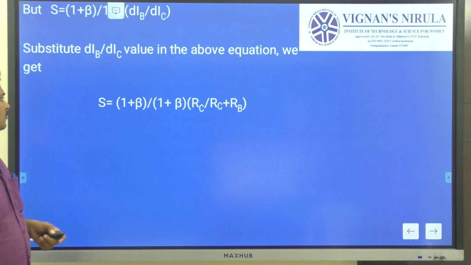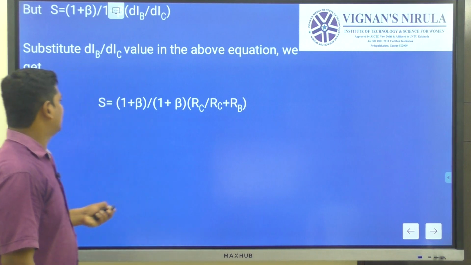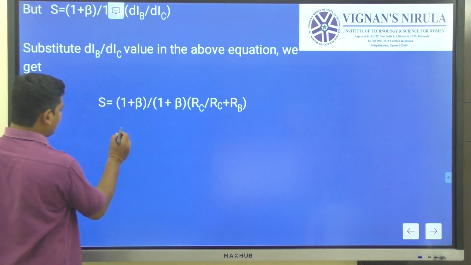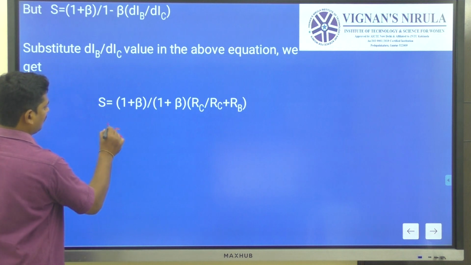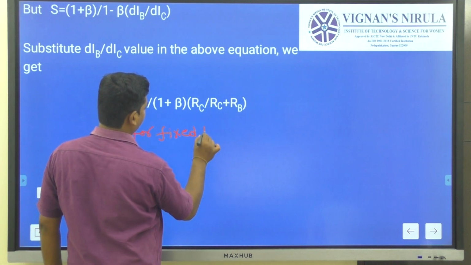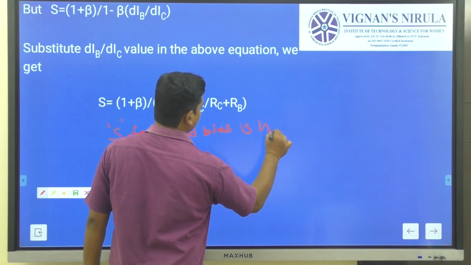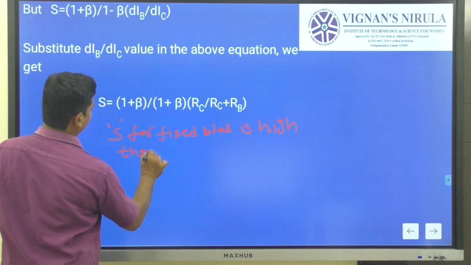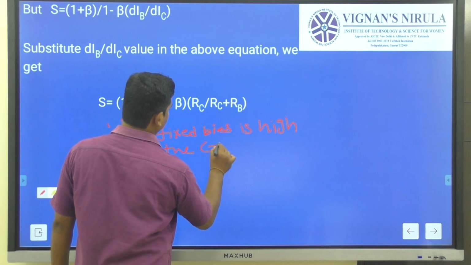Now if you substitute the values, students, definitely we will get a value less than the value for fixed bias. Due to this reason, we can say that the stability factor S for fixed bias is higher than that of the collector to base bias.